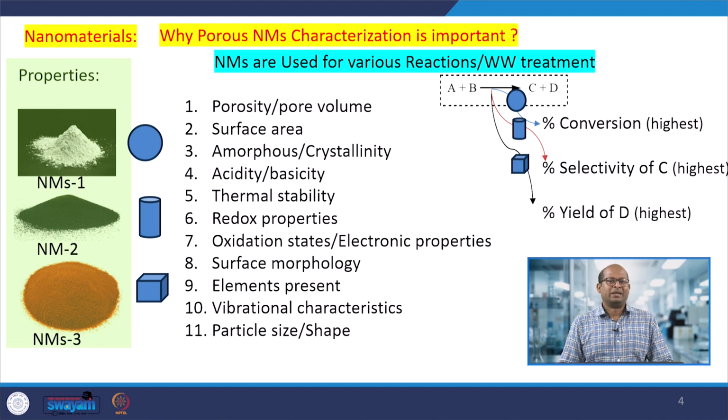Also vibrational characteristics, particle size, and shapes. There are many ways we can analyze the materials we have synthesized in nano form.